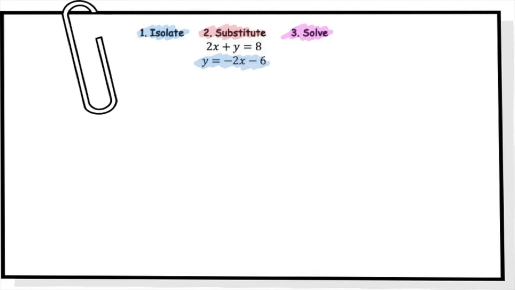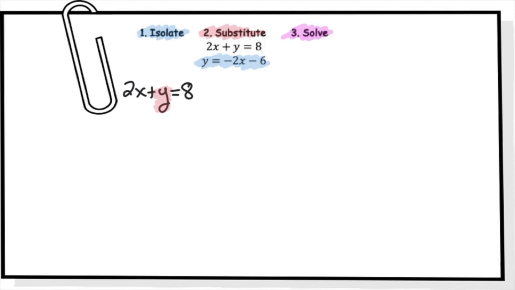So I'm going to take my first equation, which is 2x plus y equals 8. And in here, I am going to substitute the y because I know that y is negative 2x minus 6. That was known from the beginning.